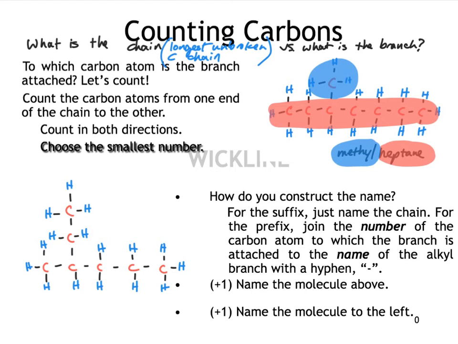Now, there's one more part that we have to do, which is we have to locate exactly where on the chain the branch is. So the branch is definitely on this carbon, but what I want you to think about is where is the carbon? Like, is this carbon the 3rd carbon in from the left, or is it the 4th carbon in from the right? And I encourage you to count from both directions, so we'll do that now.